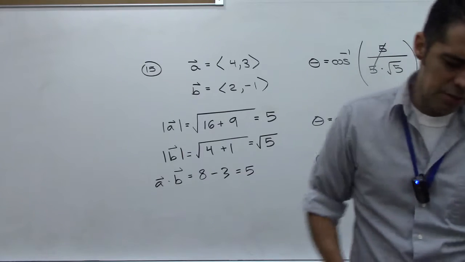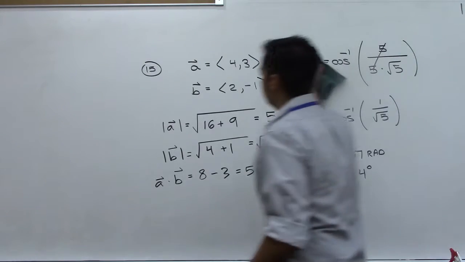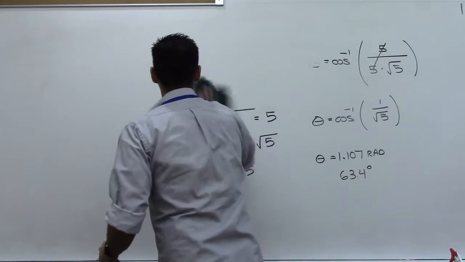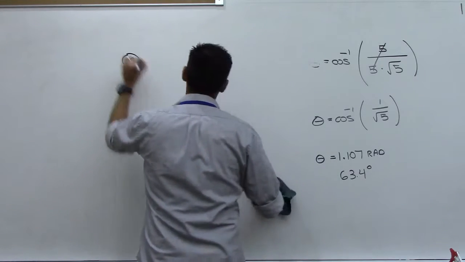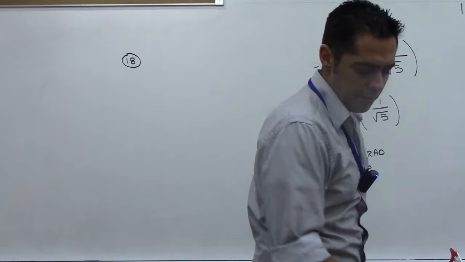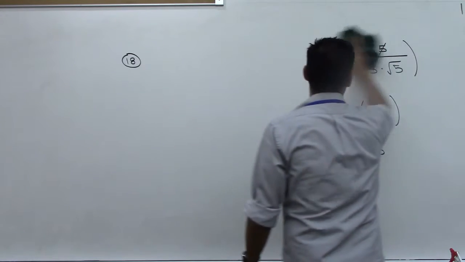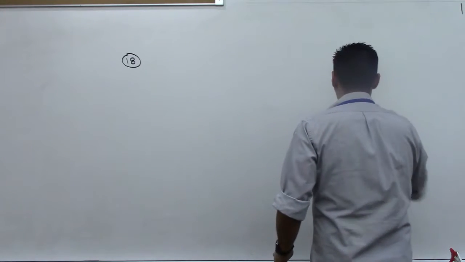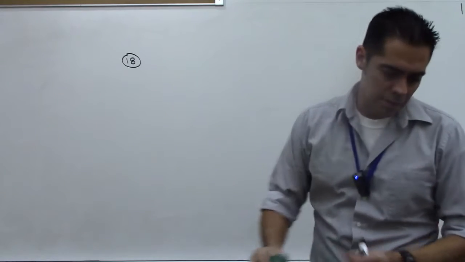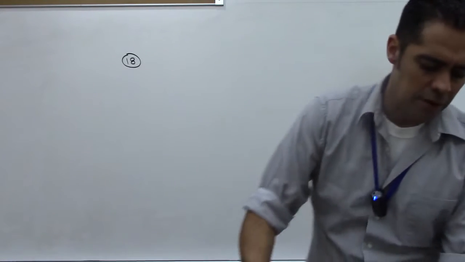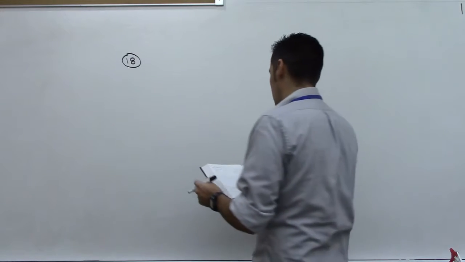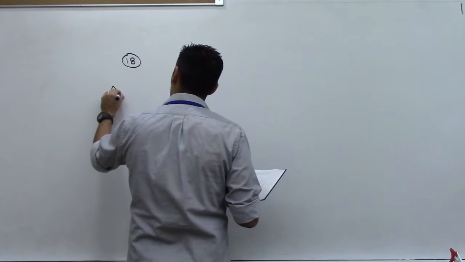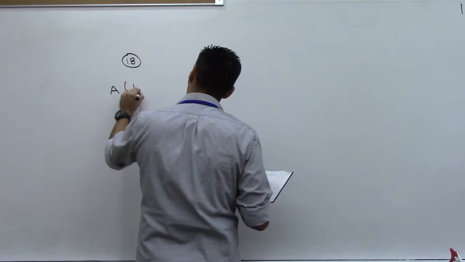I think 18's worth looking at, because when I do 18, I'll have to do the same thing I did for 16 and 17. So 18 should be enough to cover that material. So it says find, correct to the nearest degree, the three angles of this triangle. So they give you a triangle and they give you vertices.